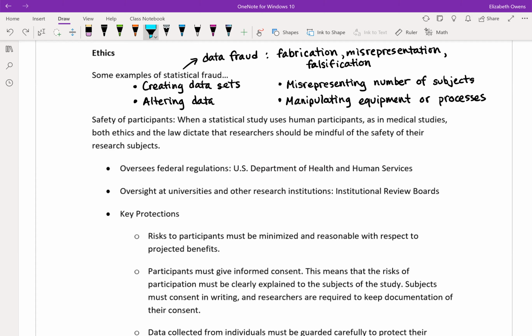Then at a somewhat smaller level at universities and research institutions, you have an institutional review board, and they go through and evaluate from time to time the safety and validity of the research processes that are being done. So with each new study, the review board will go in, look at it, make sure things are on the up and up. And if it's okay, the researchers can proceed. And they'll check back in to make sure that the participants are being taken care of.